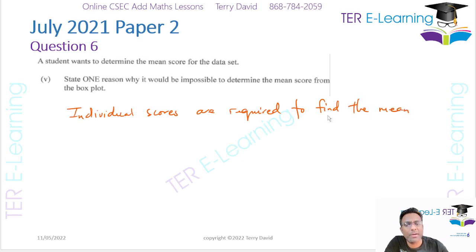Remember, mean or x bar is given by sigma x over n. I need the individual scores in order to do that.